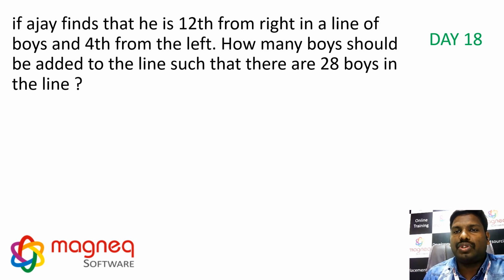Next one. Ajay finds that he is 12th from right in a line of boys and 4th from the left.